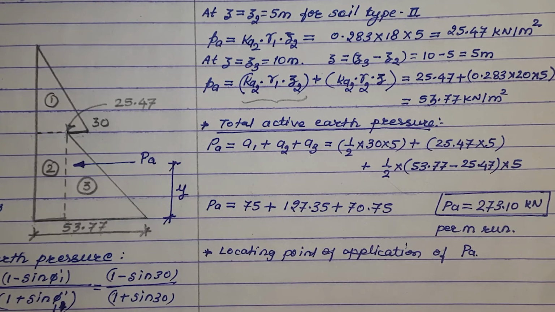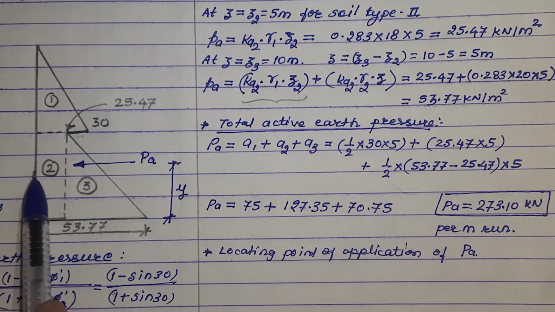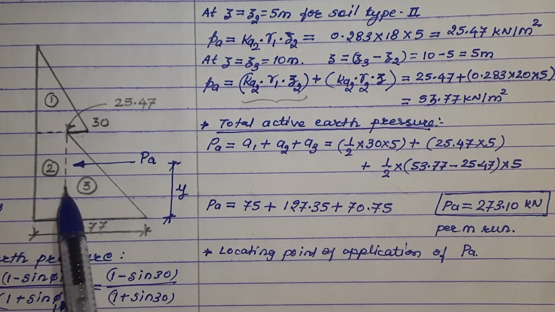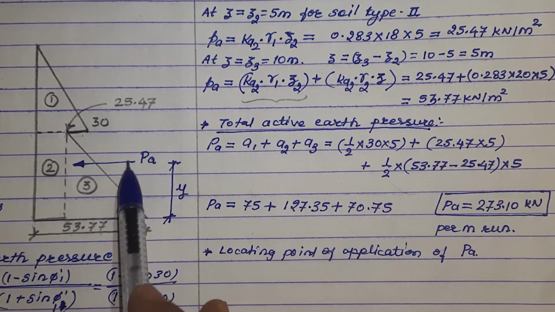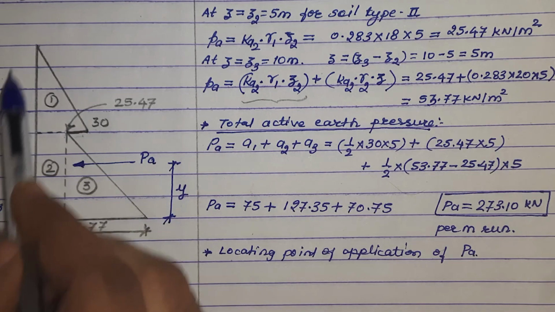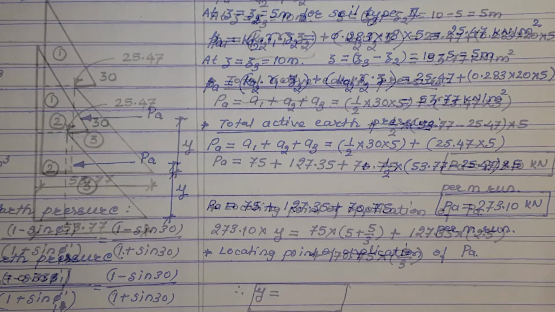So we will be taking moments of area 1 about the base, moment of area 2 about the base, and moment of area 3 about the base. We will add them and we will equate them to the moment produced by this PA, that is the total area, about the base. Let us calculate.